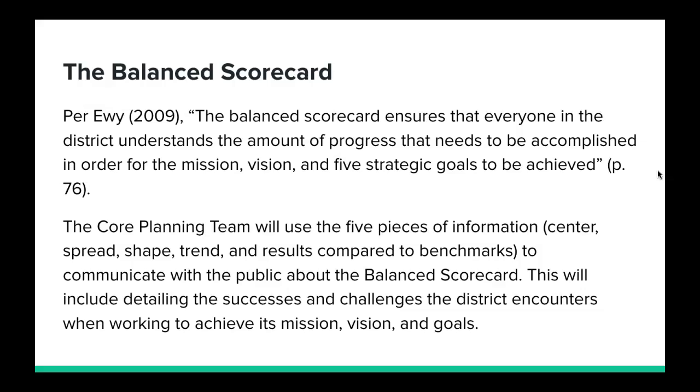So this will include detailing the successes and challenges of the district, and what it's doing to work toward achieving the mission, vision, and goals. So the scorecard really gives a true good breakdown of where the district's at and where they would like to be, and definitely gives moments for celebration should those goals be achieved.